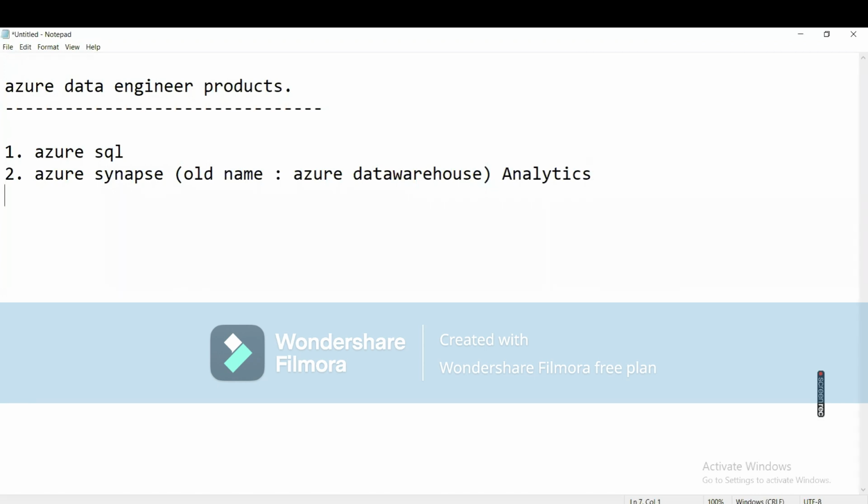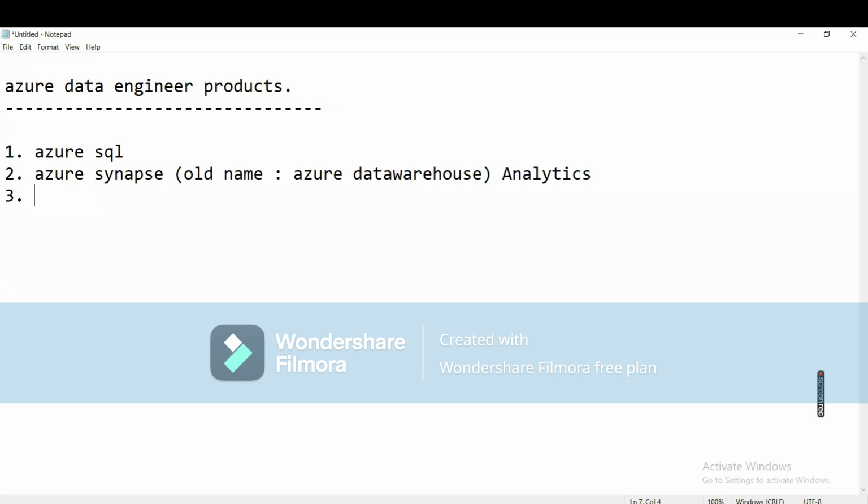And the problem with Azure Synapse is that it can store and process only structured data. But a lot of data is unstructured, and very little is structured or semi-structured. Unstructured examples: raw text, images, audios, videos, it can be anything.